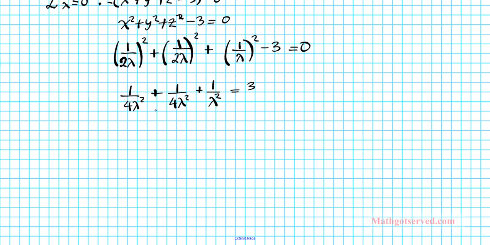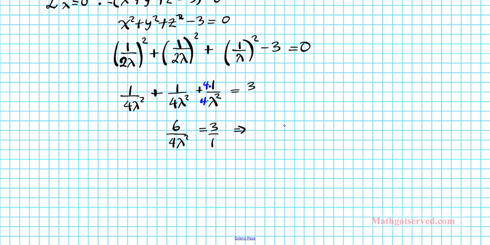Now we can just find the LCD of these 3 terms. This one doesn't have a 4, so you can just introduce a 4 here. All right, and then you combine it all together. You're going to have 6 over 4 lambda squared equals 3 over 1. And then you can just cross multiply.